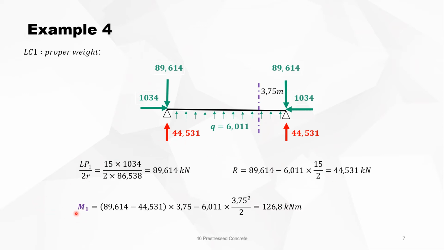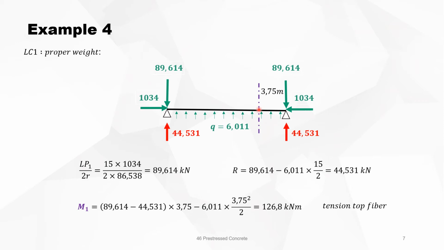It means that the bending moment at a position of 0.25 times the span, or 3.775 meters from the support, that the bending moment there is then in total 126.8 kilonewton meter. That's the bending moment at that section.